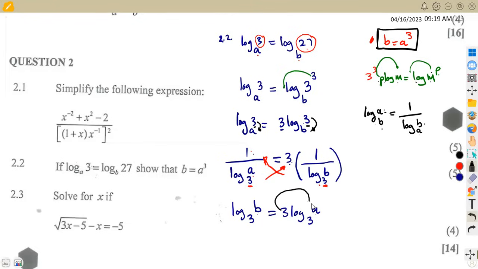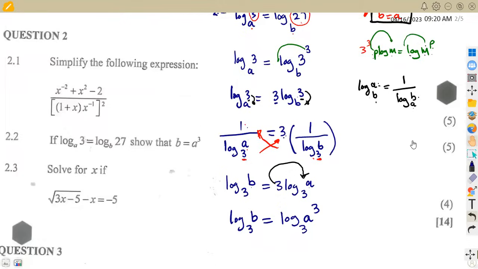We can raise this 3 to be an exponent of the logarithm. So this is going to give us the logarithm of B in base 3, which is equal to the logarithm of A to the exponent of 3 in base 3.